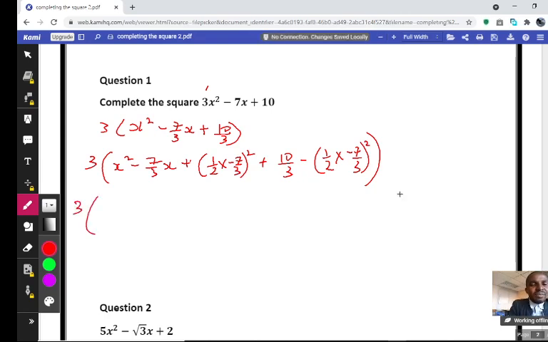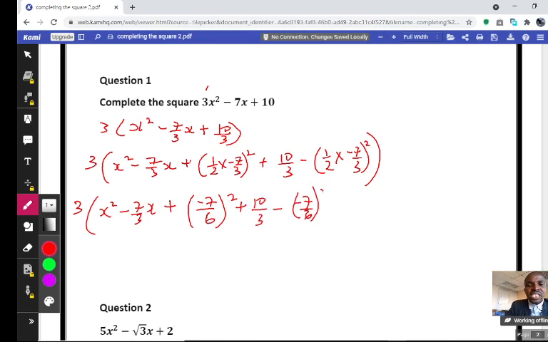Maintain this 3. You say x squared minus 7 over 3. Let's simplify this part. It will be minus 7 over 6, squared, plus 10 over 3 minus minus 7 over 6, squared. Close this bracket.